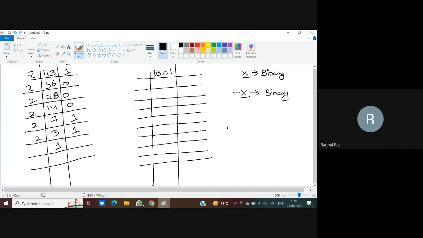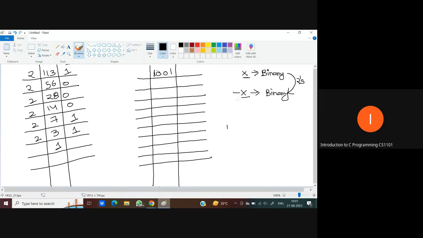Yes. All right. So once you have the binary representation for the positive number, what you can do is take the 2's complement of that, and that would give you the negative number's binary representation. You just have to take 2's complement. Again, I would like to repeat.